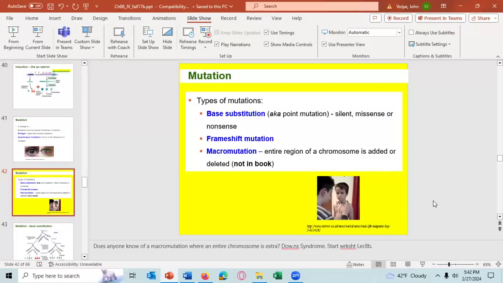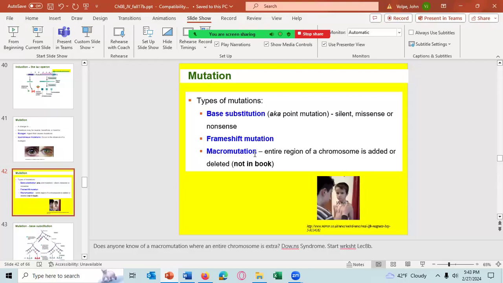The point is, when you add or subtract a base, at that point, you change the reading frame, and all other codons downstream of that may be changed. If it's a different nucleotide sequence, it will change the codon. Any question about that? So a frame shift mutation, wherever it happens, downstream of that mutation, all of the codons will be different. And that's a real change in a protein.